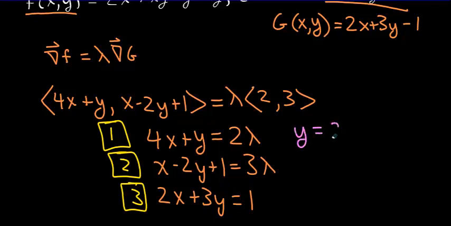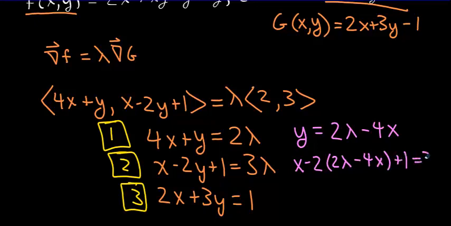So I've got y equals 2 lambda minus 4x. No worries. Now I'm going to take that and substitute it into equation 2. So I've got x minus 2 times, now what y is, 2 lambda minus 4x, plus 1 equals 3 lambda.